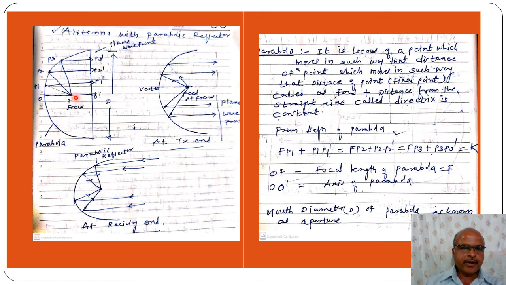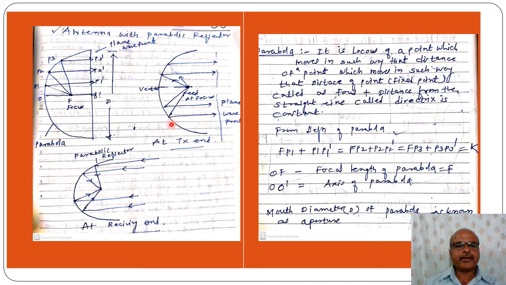This is the focus point, and this is O. Then, as shown in this figure, these are the distances F, P1, P2, P3, then P1 dash, P2 dash, P3 dash. These are the points, and D is as shown in this figure, and this is a plane wave path.